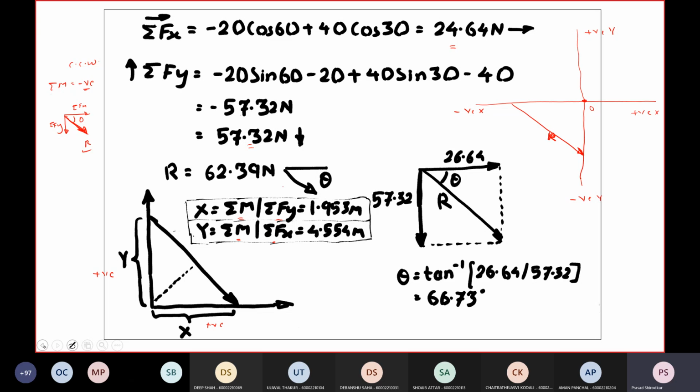Now let's do some more. This is the positive y. This is positive x. This is negative x, and this is negative y. Now suppose I get this summation fx this way, and summation fy.